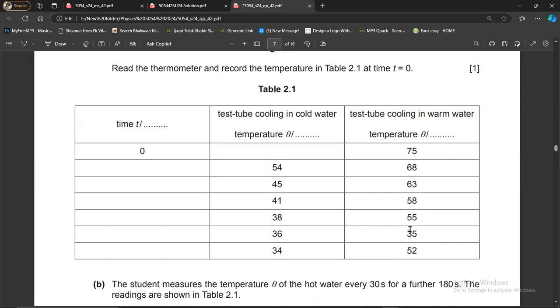So basically this number 35 is the anomalous reading. That temperature, I think, is a mistake. And why is this a mistake? Because the temperature dropped and then it increased. The temperature following this is more than this temperature. So that cannot be possible. So this 35 is anomalous.